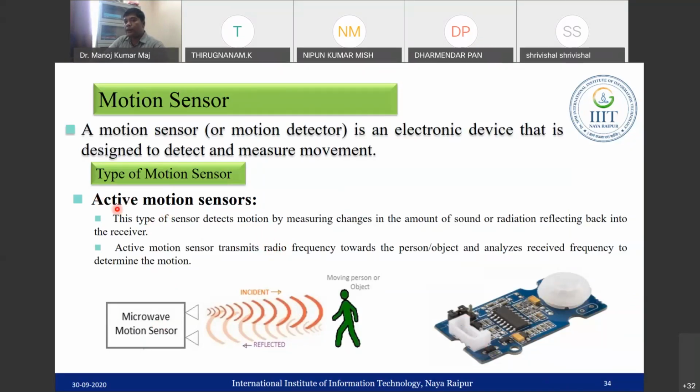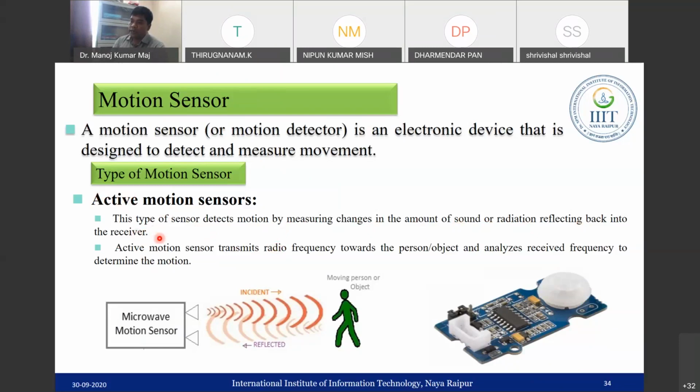Mainly the first type is the active motion sensor. As we have already seen, using an active sensor we can send a signal to the environment and receive a signal from the environment. This type of sensor can detect motion by measuring changes in the amount of sound or radiation reflecting back into the receiver.